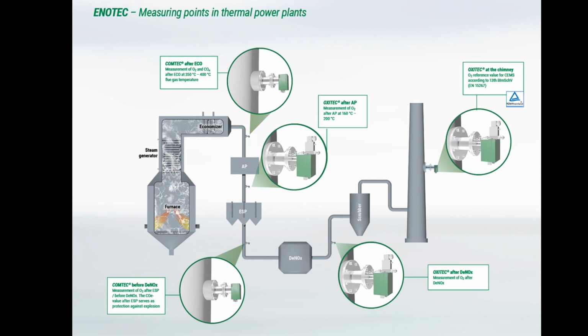The O2 value is required for normalization of the measured NOx value. At the stack, the OXITEC can be part of the CEMS emission measurement as an O2 reference value. Please contact ENOTEC for this and many other application notes explaining the requirements and measurement points for ENOTEC analyzers.